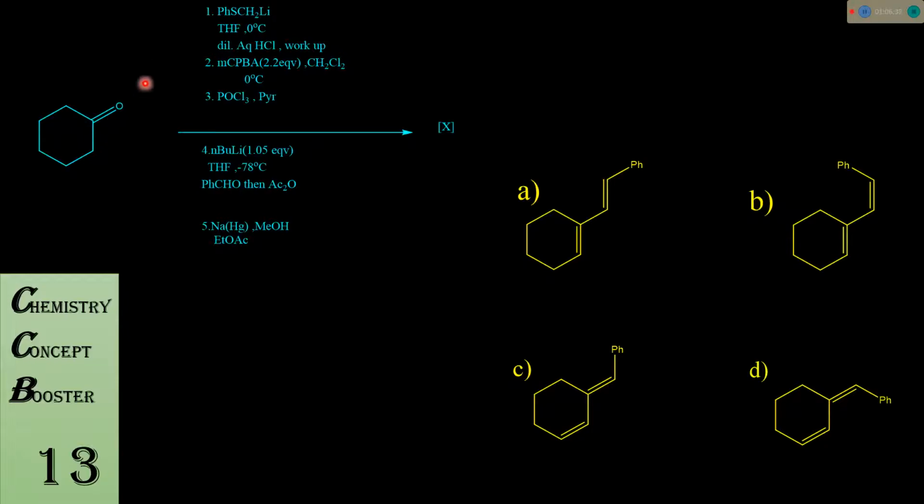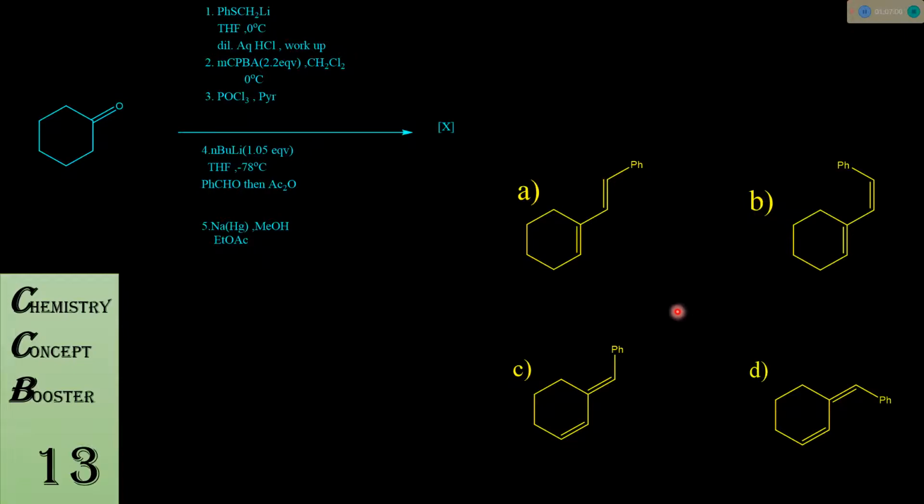So in this question, cyclohexanone is given, and reagents 1, 2, 3, 4, 5 are given. PhSCH2Li, then mCPBA, POCl3, n-butyllithium, and then sodium amalgam. So these are the options. Later we will see the options.